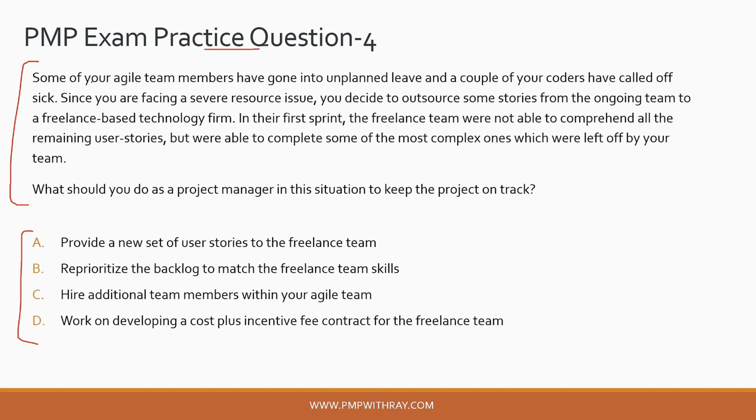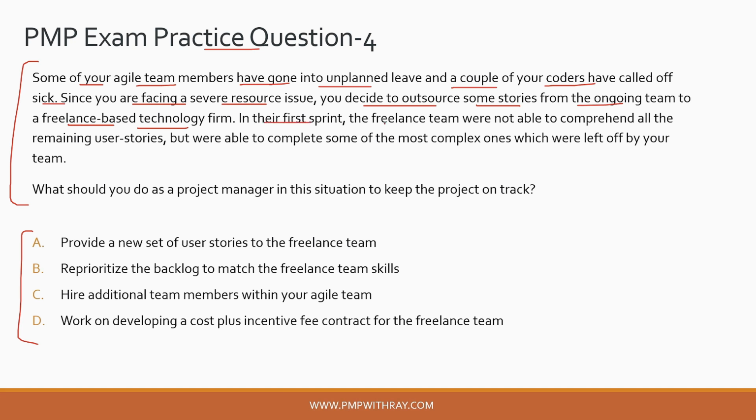Right, so let's start. Some of your Agile team members have gone into unplanned leaves and a couple of your coders have called off sick. Okay, so very bad situation in your Agile team as far as resourcing is concerned. Since you are facing a severe resourcing issue, you decide to outsource some stories from the ongoing team to a freelance based technology firm.